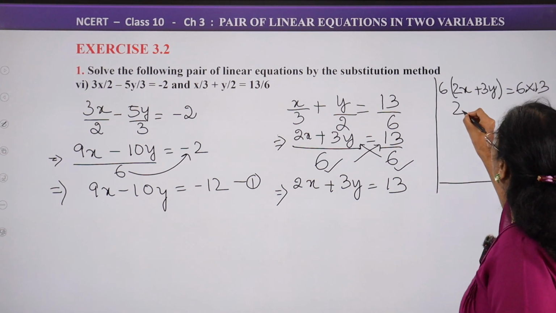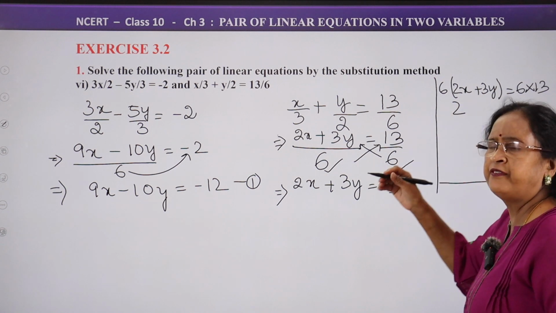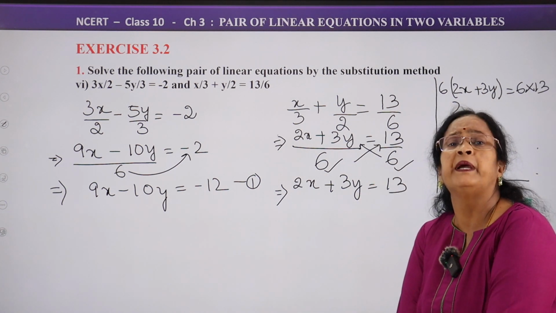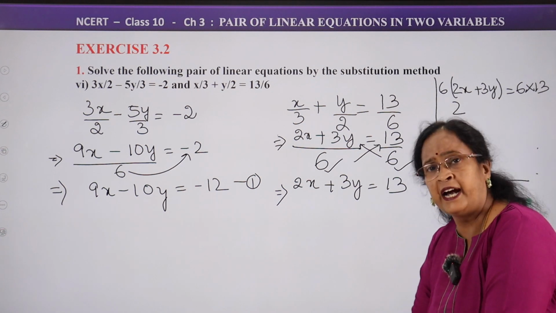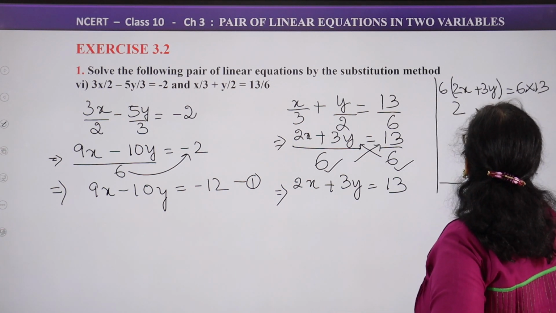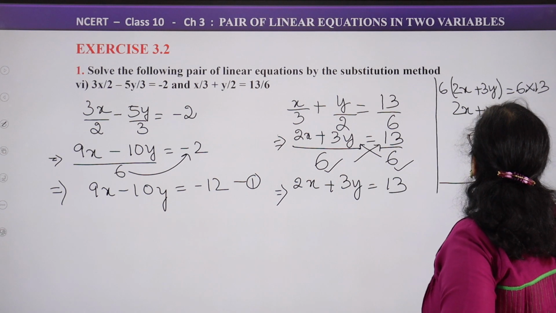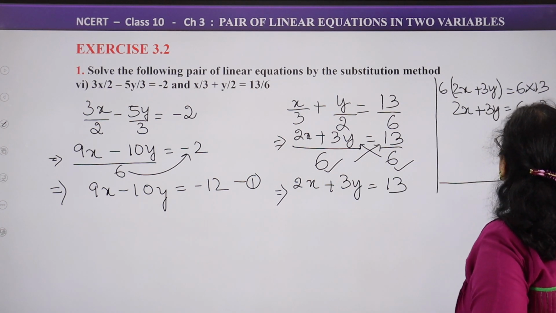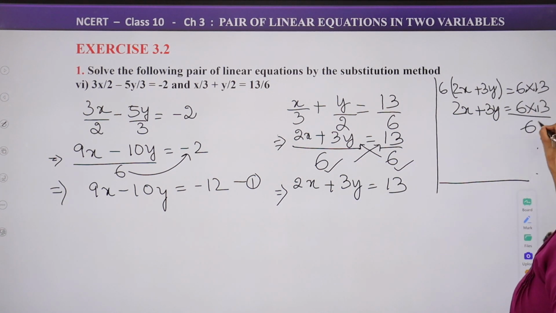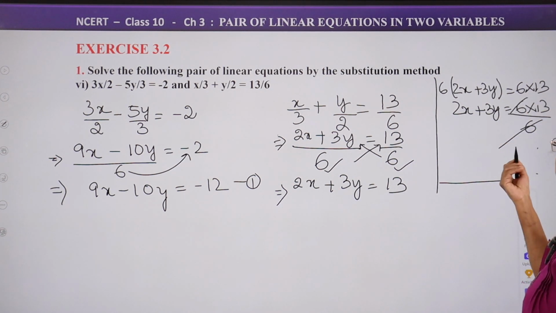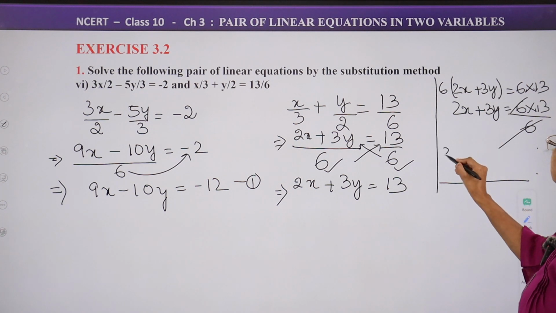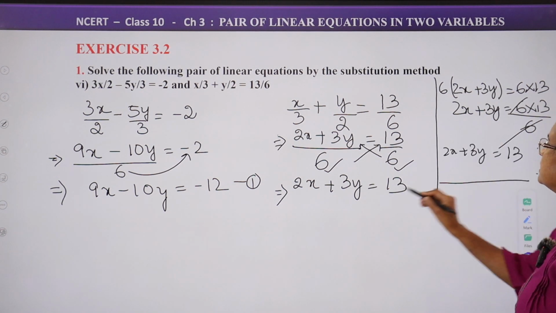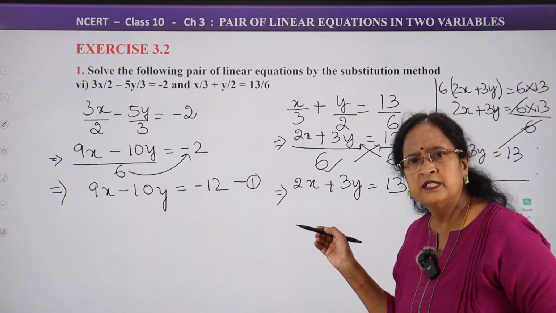Now, because 6 is multiplied, when it goes to the other side of equal to, it becomes divide. 2x plus 3y is equal to 6 into 13 whole by 6. 6 cancels. I get 2x plus 3y is 13. This is what I got.